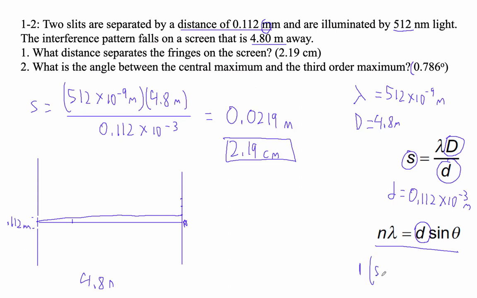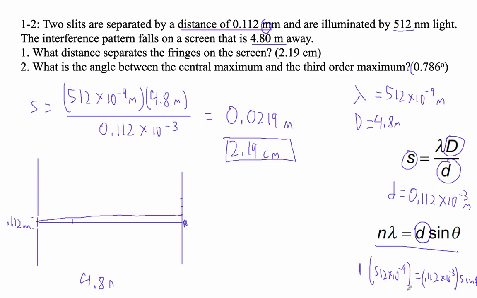We're going to go 512 times 10 to the minus ninth is 0.112 times 10 to the minus third sine of theta. Whoops, theta got all cut off there, but anyway, there it is, right? So if you do this, you can find theta, and I'll find theta here in degrees.